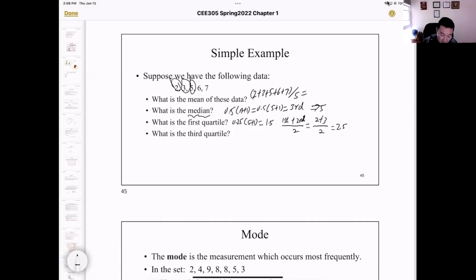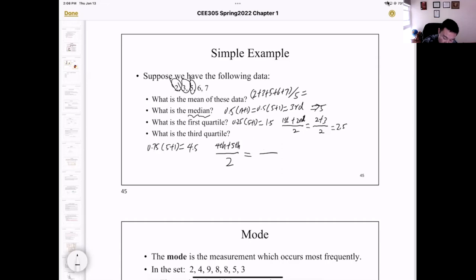Similarly, for the third quartile, we use 0.75 times n plus 1. We get 4.5, so we take the average of the fourth and the fifth.